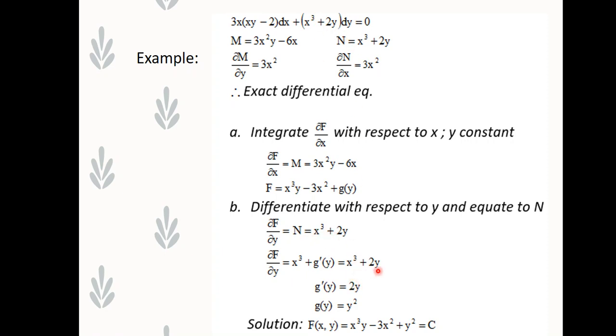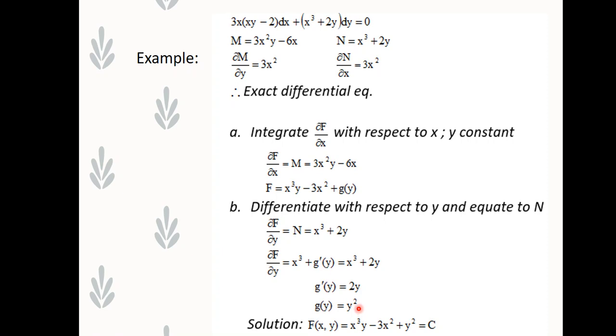The purpose is for you to get the value of the g of y. So, if you equate both sides, the x cubed get cancelled. Remaining expression is g prime of y equal to 2y. And you integrate the g prime so that you will have the g of y. If you integrate this side, you need to also integrate the other side. So, g prime of y when integrated will give you the g of y, and when integrating 2y, that will give you y squared.